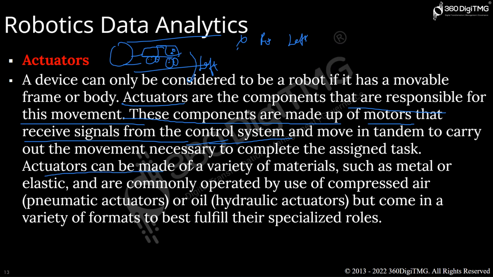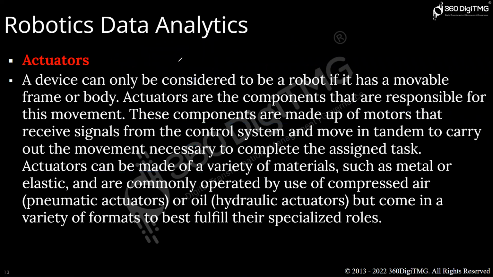These actuators can be made of a variety of materials such as metal and elastic, and are commonly operated by compressed air or hydraulics, in a variety of forms to fulfill specialized roles. So if the object is movable, it can be any form, any shape, any area. If it is movable, it is called an actuator in robotics.